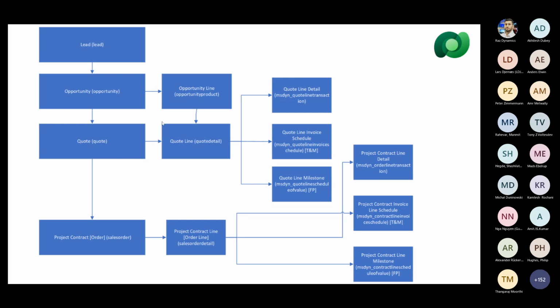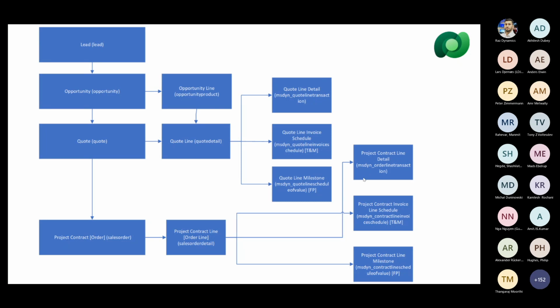So all the names from the sales entities are the same. Again, for the project contract line, on the surface level, it is project contract line. On the UI level, in default solution, it is order line, and the name on that entity is sales order detail, again picking from the sales entities. Right now, you see how these entities are common between your typical sales or classic CRM and project operations.